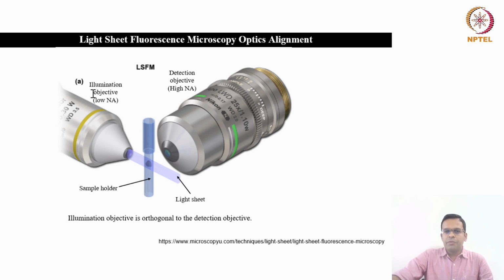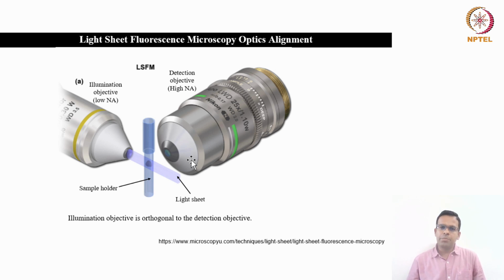So the purpose of the illumination objective is to just pass a thin sheet of light through the sample perpendicular to the detection objective. And the detection objective collects the fluorescent light emitted from this sample. Okay, so here the function is separate. See, generally in other types of microscopy, the illumination light also passes through the objective lens.